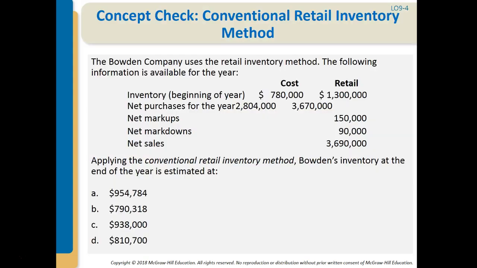So let's take a look at this question. The Bowden Company uses the retail inventory method. The following information is available for the year. Inventory, the beginning of the year, $780,000 at cost, and retail, $1,300,000. Net purchases, $2,804,000, and retail, $3,670,000.